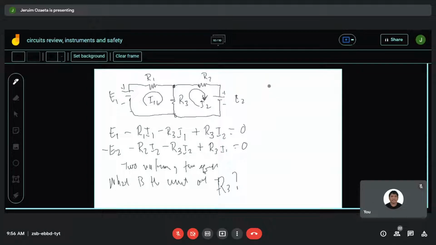We can say that I sub 3 is equal to I sub 1 minus I sub 2. Why? Because one goes opposite to the other. Now, if I sub 1 is lesser than I sub 2, I sub 3 will be negative.